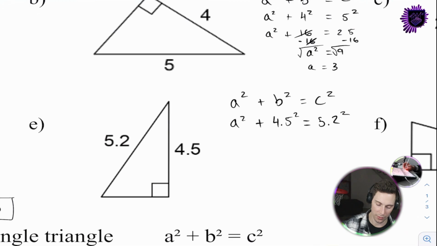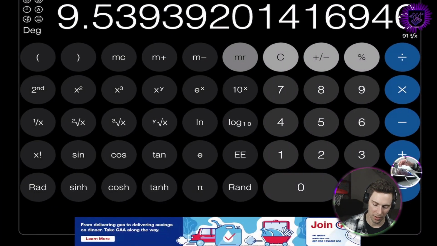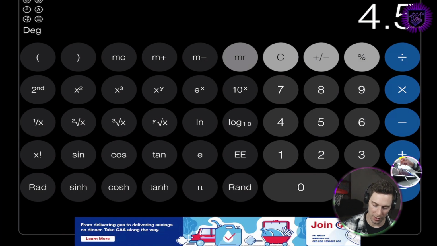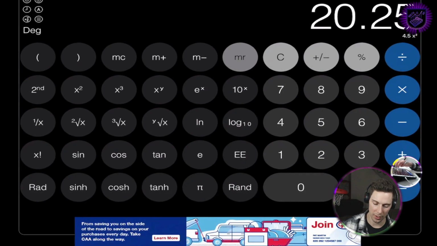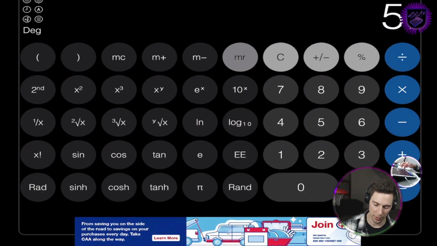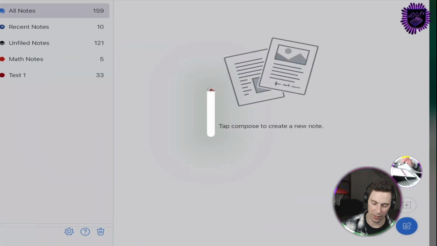We can do those. A squared is equal to, it's going to be close to 20. 4.5 squared, 20.25. 20.25 is equal to 5.2 squared. 5.2 squared is 27.04.